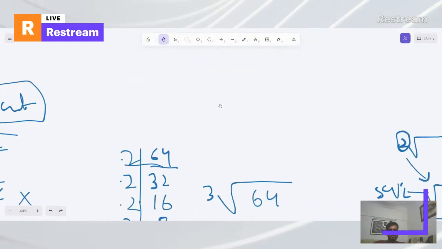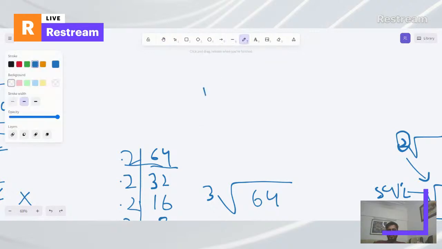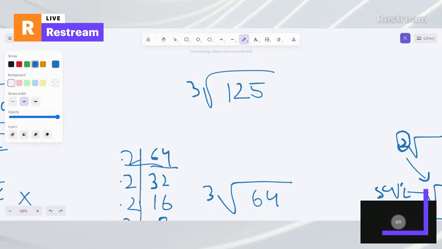All right, so now before ending, I'm going to give you guys a quick question. Now I have to find out the cube root of 125. Let's see who gets the answer quickly. I'm waiting for your answer, guys. Hurry up, write it in the chat, and I'll read out the one who got the exact correct answer.